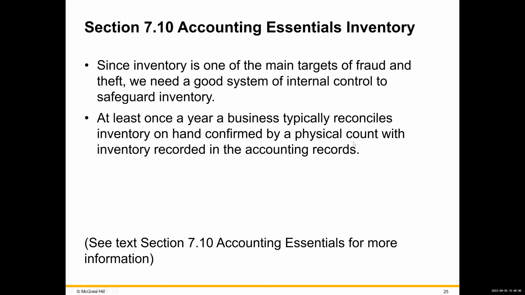So even if we're doing perpetual, when in theory we're supposed to know how much we sold and what's in the inventory at all times, we still need to do that at least once a year to make sure nothing gets by us, like theft or spoilage and the like.